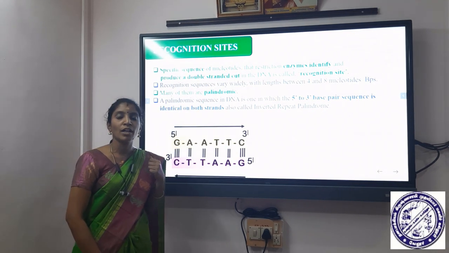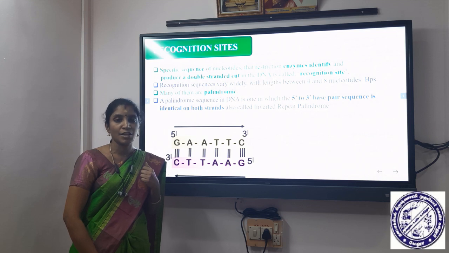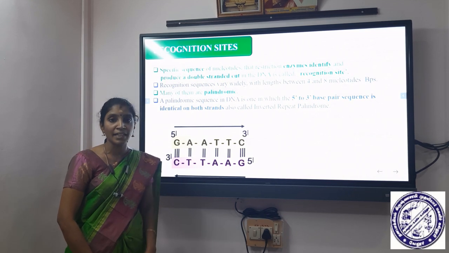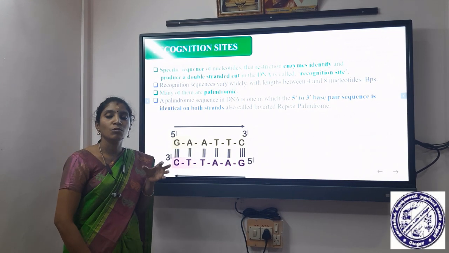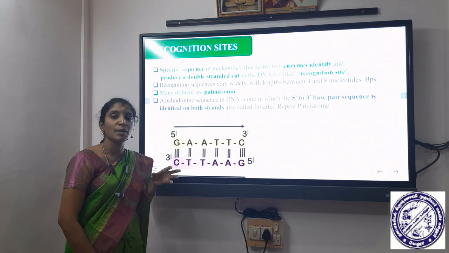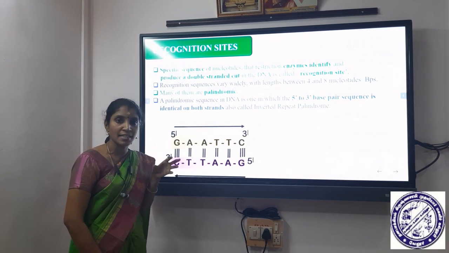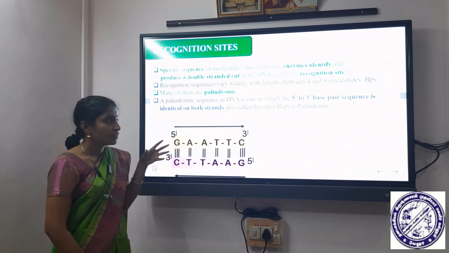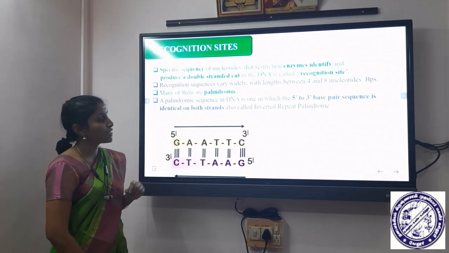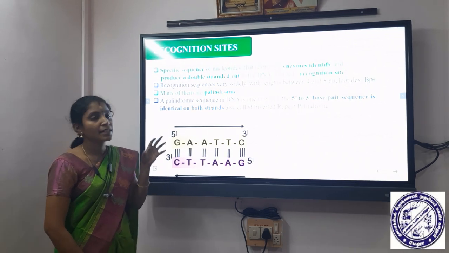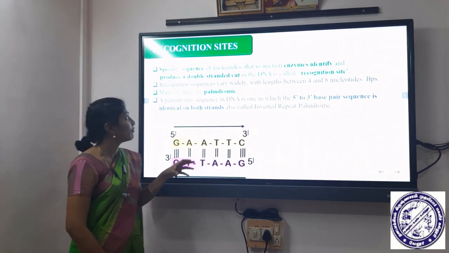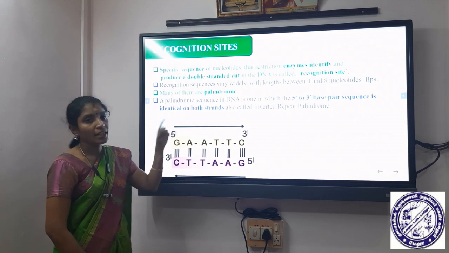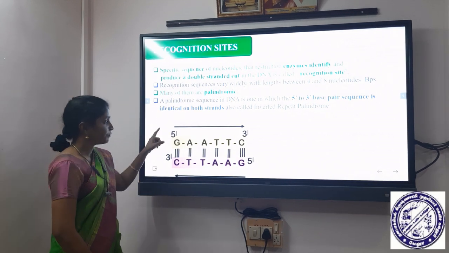Already I told about what a recognition site is. The recognition site is how the restriction enzyme goes and recognizes the particular site to cut that DNA material. The restriction enzyme identifies a specific sequence of nucleotides and cuts that site.